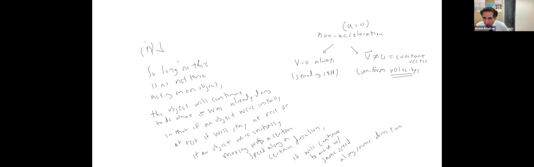So also, as another example, let's say there's a sheet of ice and there are two hockey pucks moving along the sheet of ice, okay? They're both moving at the same speed along the same direction, two hockey pucks, but let's call them A and B. But one of the hockey pucks, let's say puck A, is much more massive than the other one, puck B, okay?